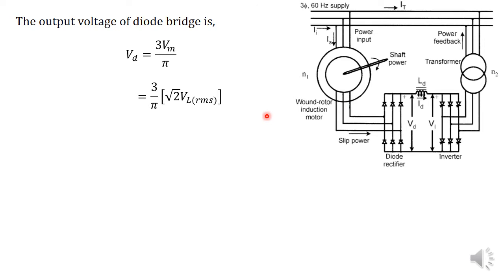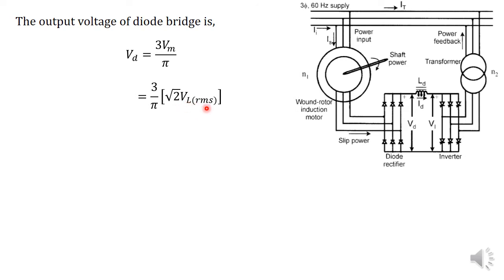So 3 by pi into Vm, where the maximum value is equal to root 2 times the RMS value of the line voltage of the rotor circuit. So root 2 into VL RMS.